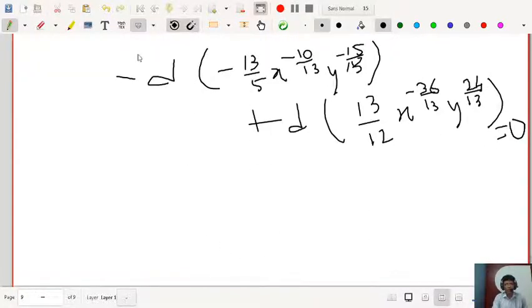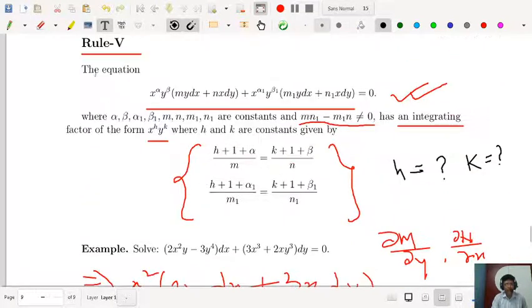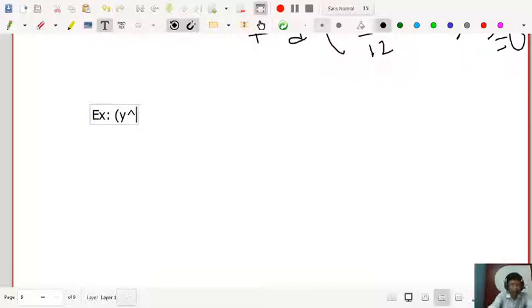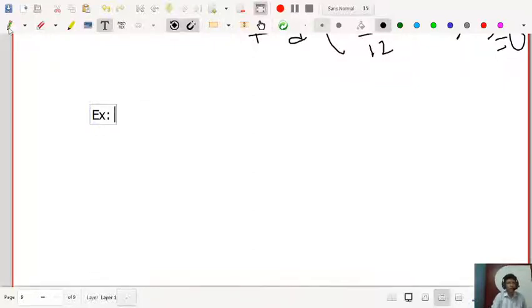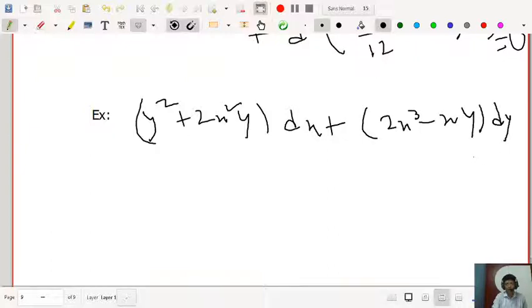So for my dear students, I am giving you one more problem as an assignment, applying rule 5. This is applicable for rule 5 only. So the example I am giving to all of you: y square plus 2x square y into dx plus 2x cube minus xy into dy equal to 0.